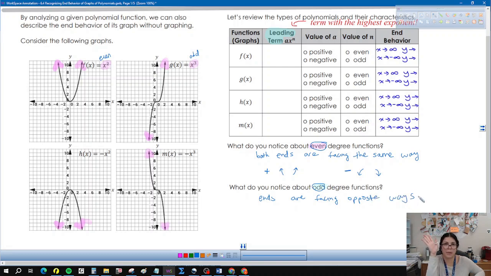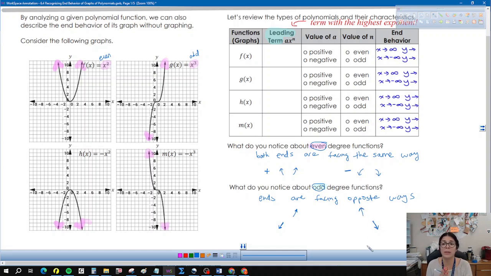So that means one's up and the other one's down. If this one is up, then this one is down. So they're facing different directions. So one thing that can happen is the right side is up, but that means the left side is down. Or if the right side is down, then the left side would be up.